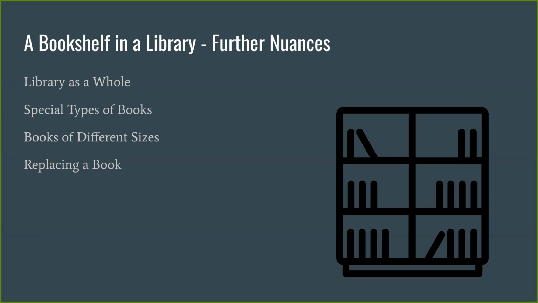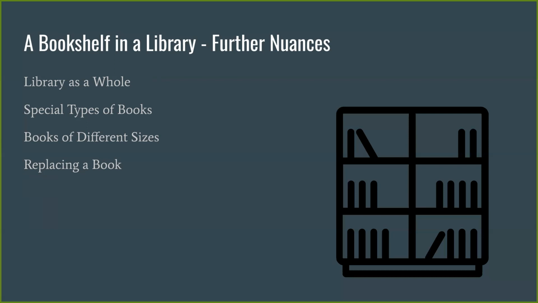And replacing a book, you can think of that as updating an element. Say you need to replace an old book with a new one in the same slot. It will be straightforward, and this is updating an element in an array, which in programming is a simple operation.